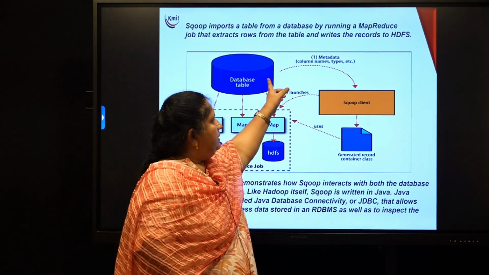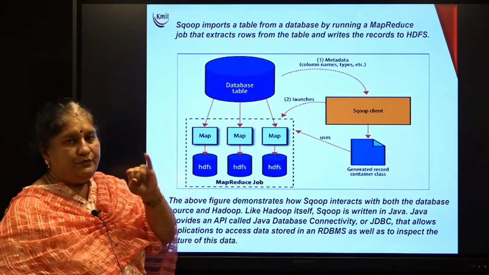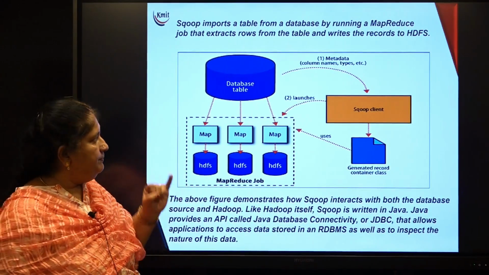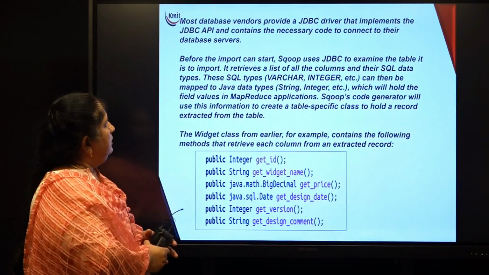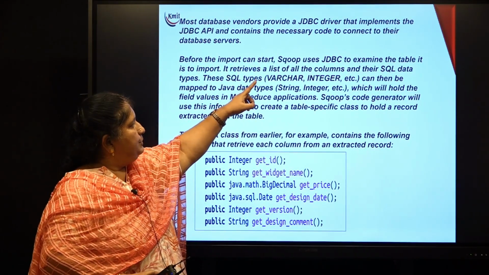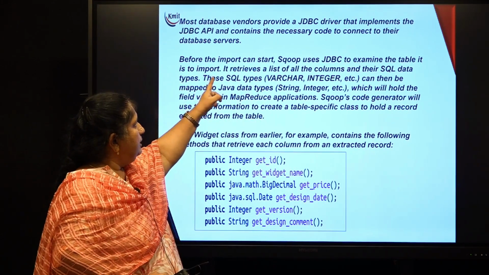Whenever you are working with this Scoop client, it first tries to get the metadata of the table. First, before the import can start, Scoop uses JDBC to examine the table it has to import.